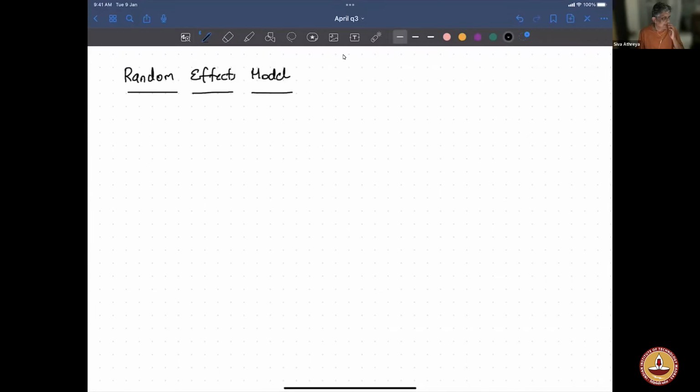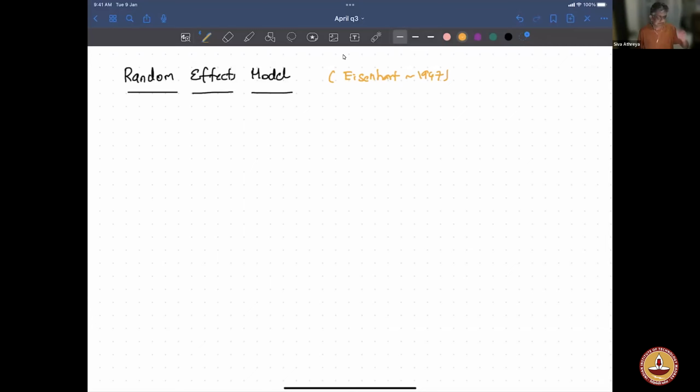So there's a historical note that I would like to state. This random effects work was done by a person called Eisenhardt in 1947.